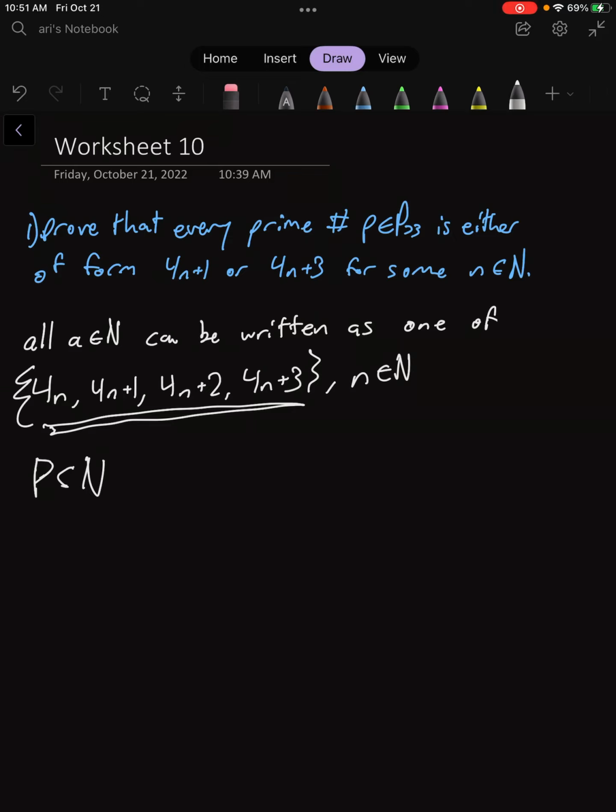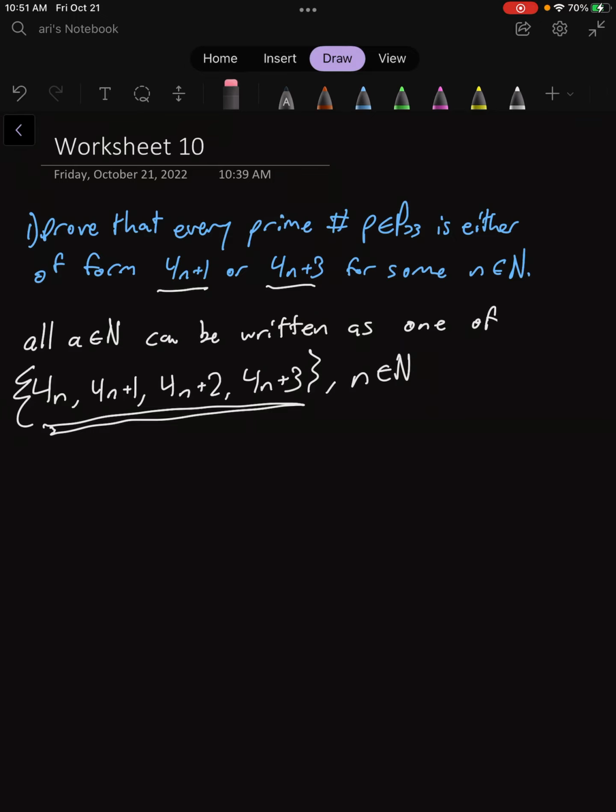And the thing that we need to prove is that every prime could be written as 4n plus 1 or 4n plus 3. And a way we could do that is by saying that it cannot be written as 4n or 4n plus 2. If every prime has to follow one of these four forms, and it can't be 4n and 4n plus 2, it has to be 4n plus 1 or 4n plus 3.